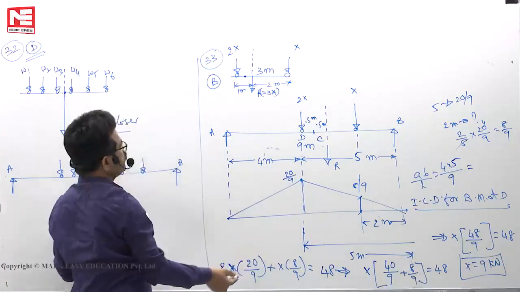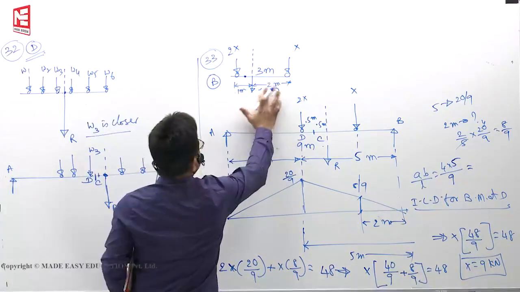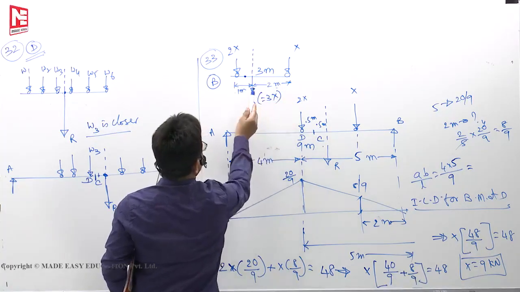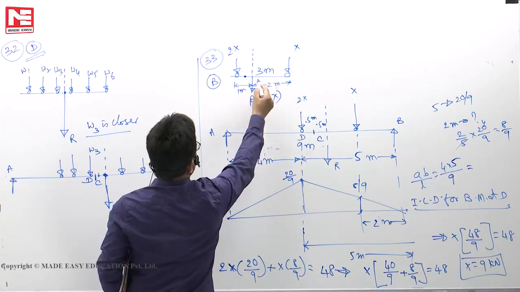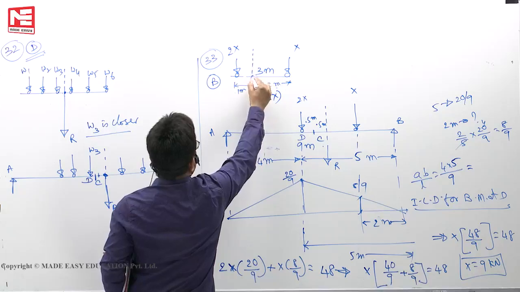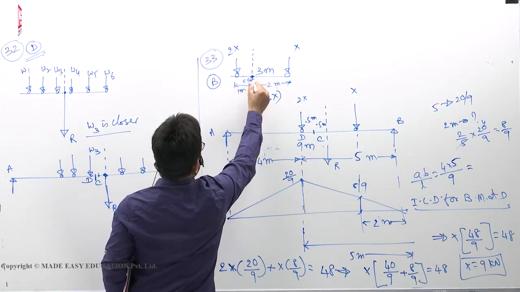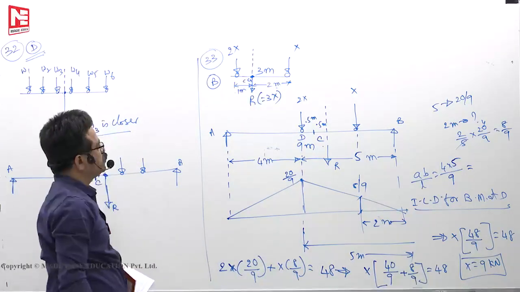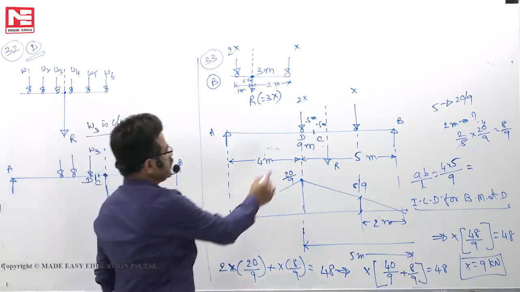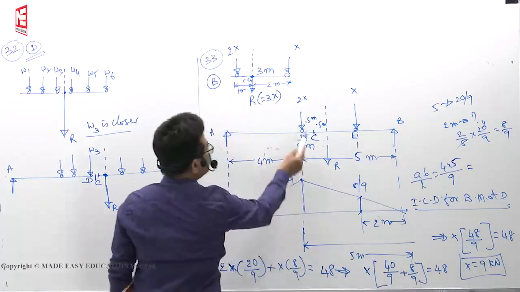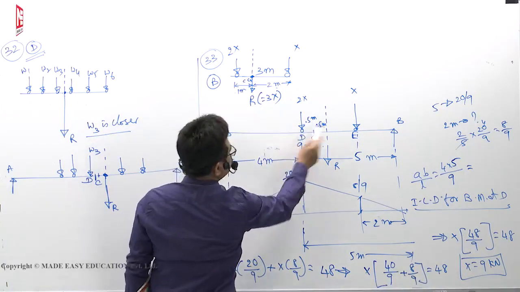So based on the description, this resultant is 3x. So if this is 3x, the CG will be somewhere here. CG of the load system 1 meter. Okay. So from that, this is the center point C, D, this point let us say E. So 1 meter means 0.5 left, 0.5 right.